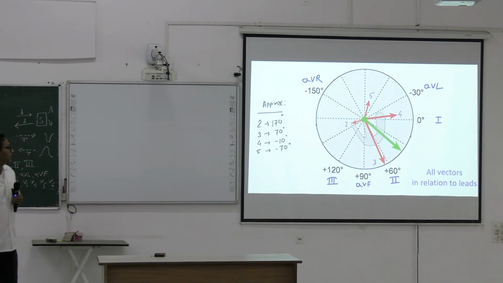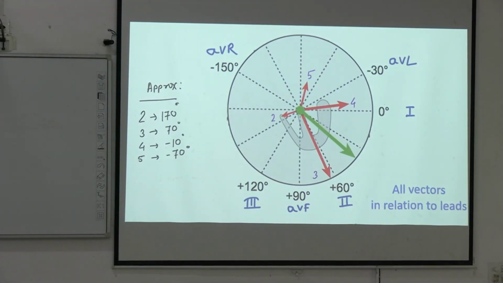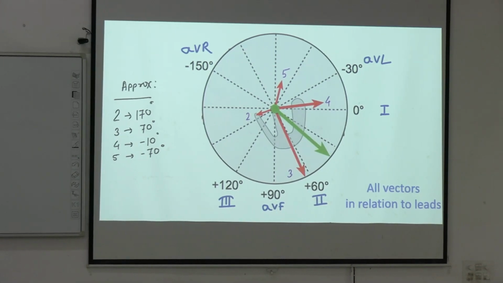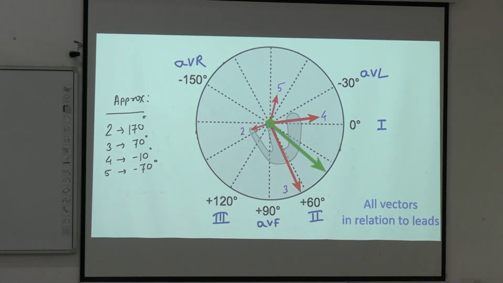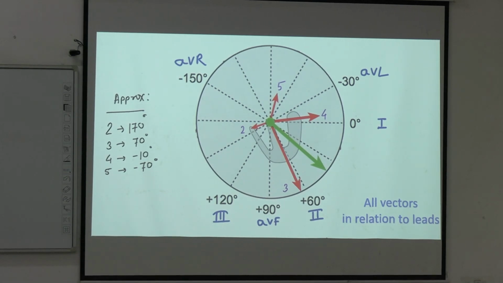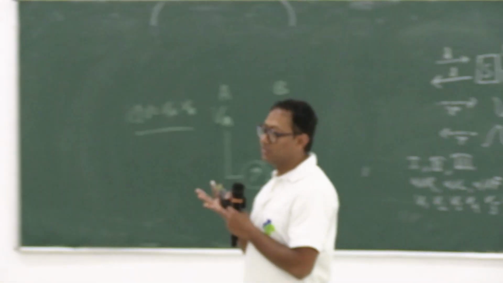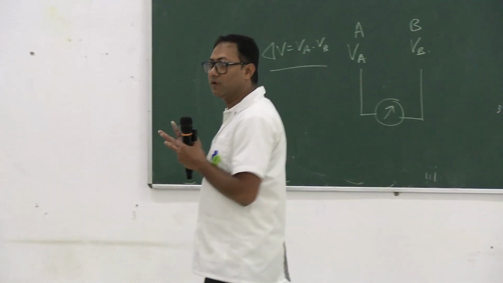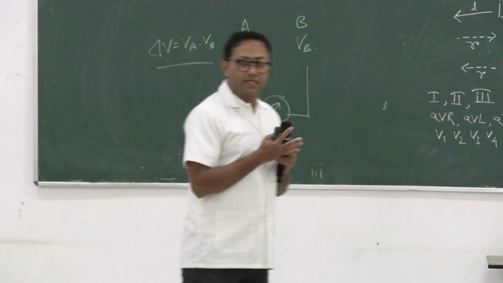In ECG, you have a graph paper. Before coming to the graph, the approximate angles of the cardiac vectors. By now I guess you all remember the five vectors. Number 1, the atrial depolarization vector. Number 2, septal depolarization vector. Number 3, apical depolarization vector. Number 4, ventricular free wall depolarization vector. And number 5, the posterobasal part depolarization vector.